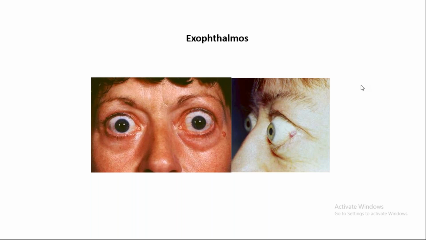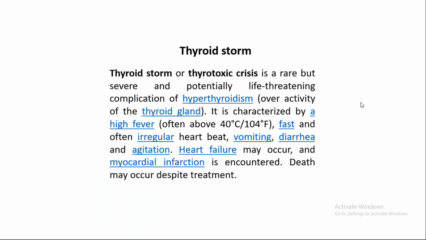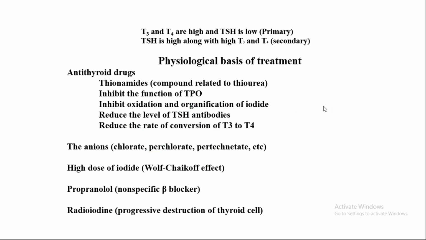So these are the hyperthyroid conditions, and if an extreme situation occurs, it is known as thyroid storm. Now, how will it be treated? What will be the clinical conditions? When a blood sample is taken and T3, T4, and TSH are estimated in the plasma, if it is a primary condition, meaning the thyroid gland itself is responsible, then T3 and T4 are high and TSH is low.